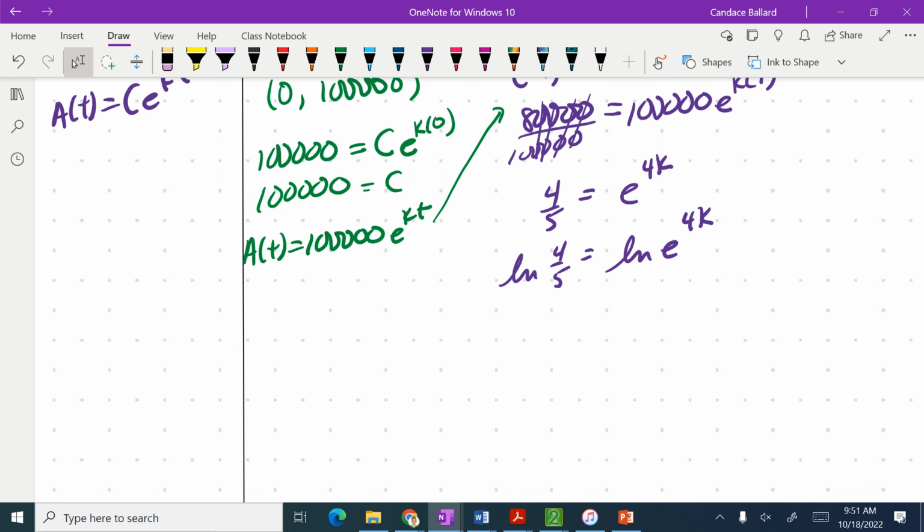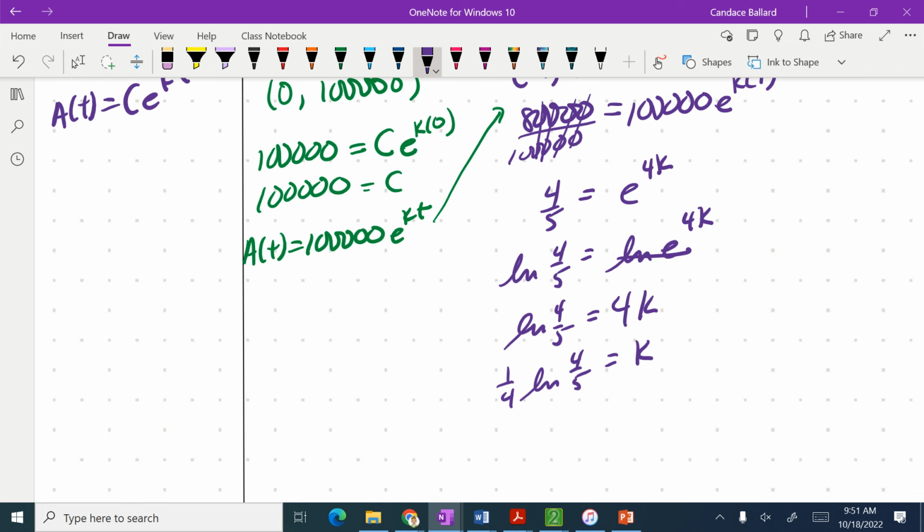Okay. What happens with the E and the natural log? Cancel. So I've got natural log of 4/5 equals 4K. So what do I do now? Divide by 4. Could I multiply by 1/4 instead? Yeah, that might look cleaner. So 1/4 natural log of 4/5 equals K. We did a lot of the dividing ones yesterday, so here's another look. Your choice.